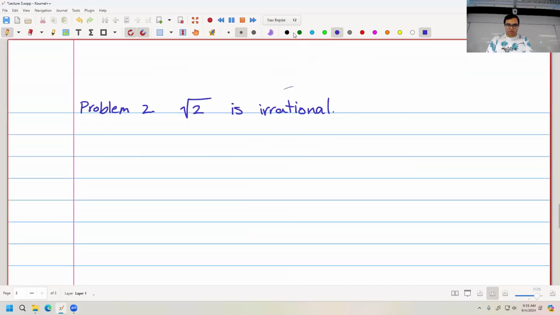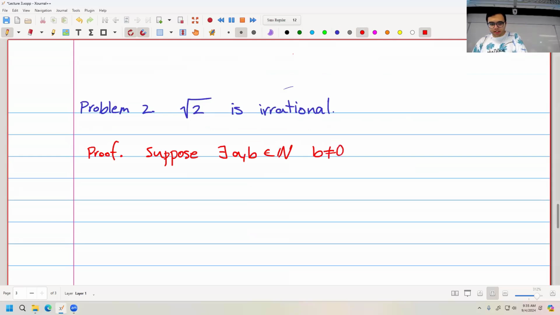Okay, how do I do this? So I first do a proof by contradiction. So this is my proof. I want to say, suppose that there are two natural numbers, a and b, and of course b is non-zero, such that square root of 2 is a over b.